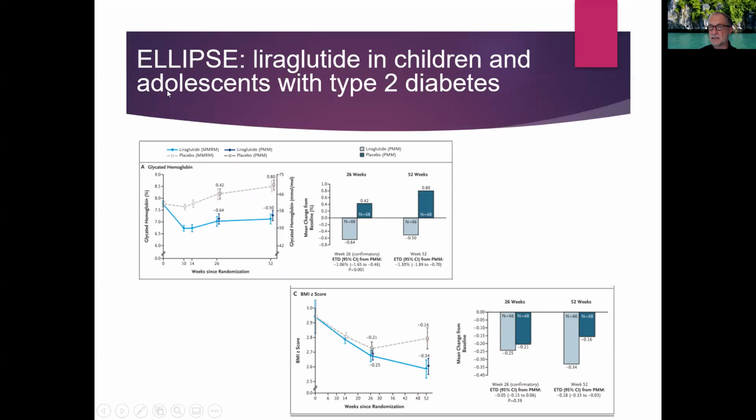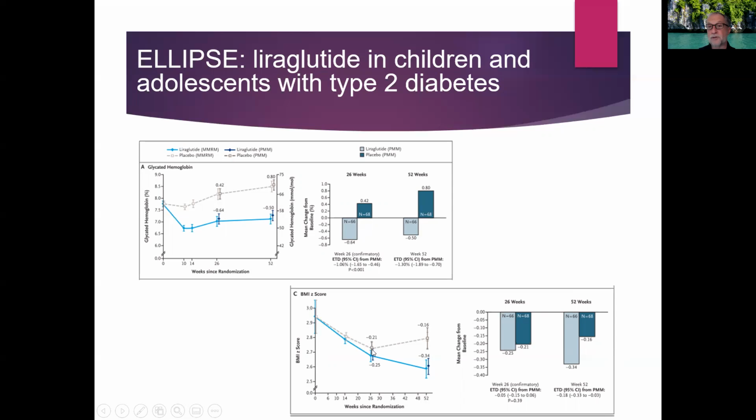This is the study of adolescents called ELLIPSE that was in the New England Journal about a year ago. What we see is the expected decrease in hemoglobin A1C from about 7.8 to about 6.8, so a decrease of about 1%, which persisted over time. And we see at 52 weeks, a 0.5% reduction in A1C in liraglutide patients compared to a 0.8% increase in the placebo-treated patients.